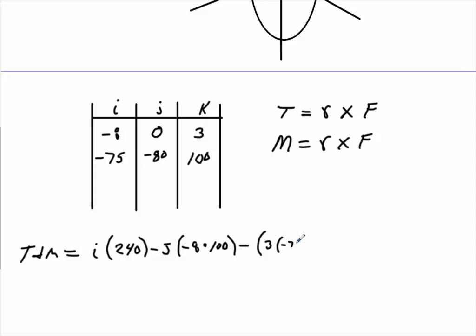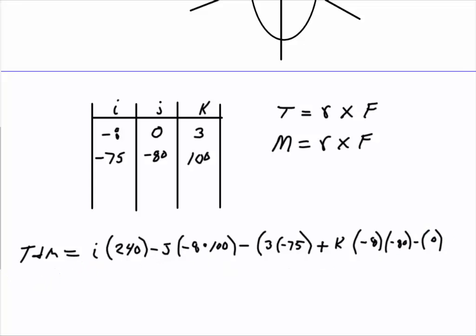That's -75. Okay, then you go to the Z, or the K, plus K. We look at this column. That'll be -8 times -80, minus 0. So we can just forget about that. 0 times 75.